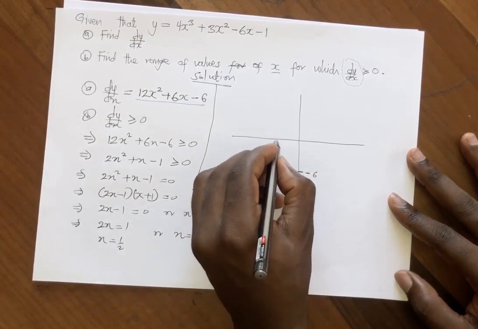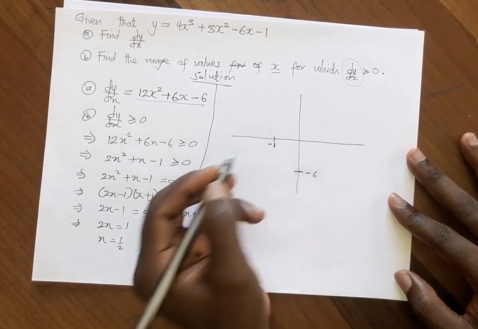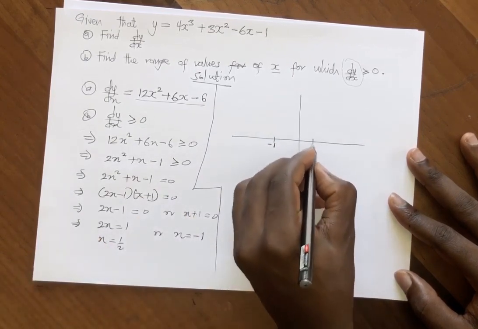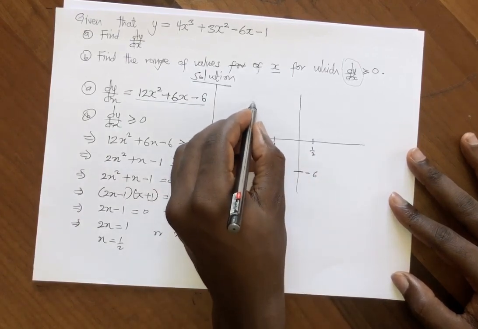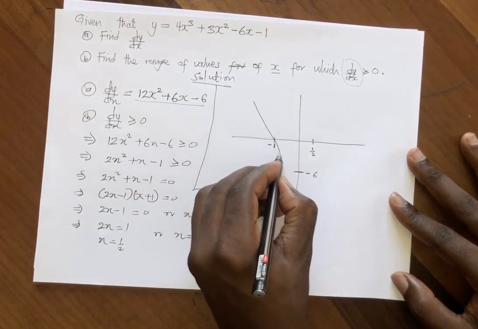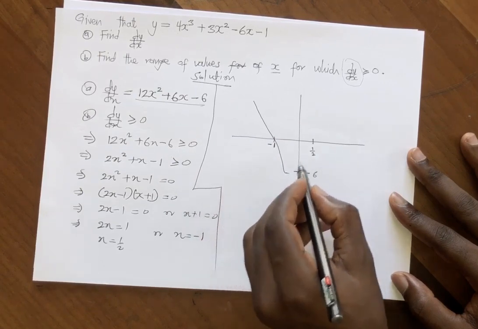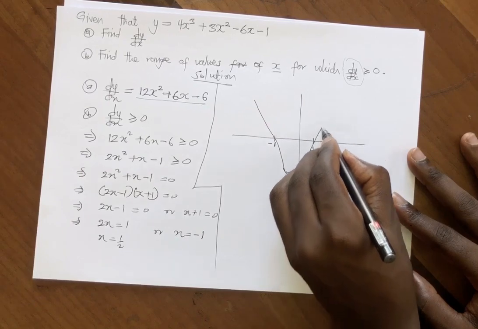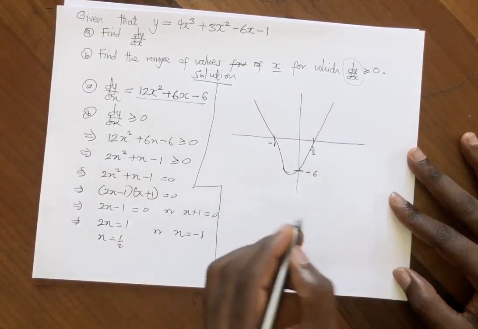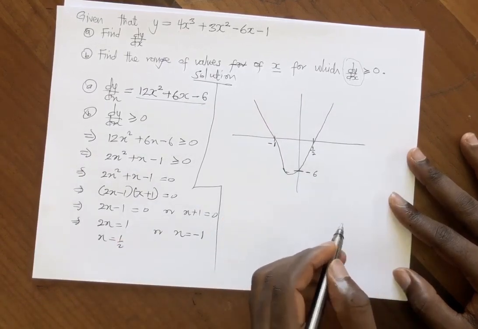You got negative 1, and then you got half, okay? Half. So the curve would probably look more or less like this. Okay? All right. Now, what are they saying?